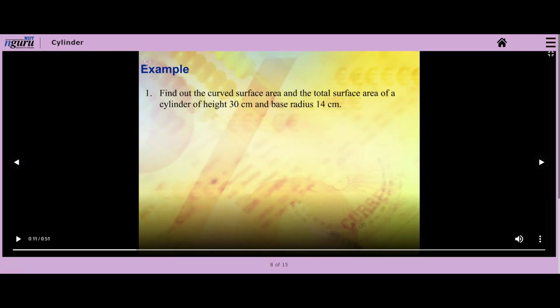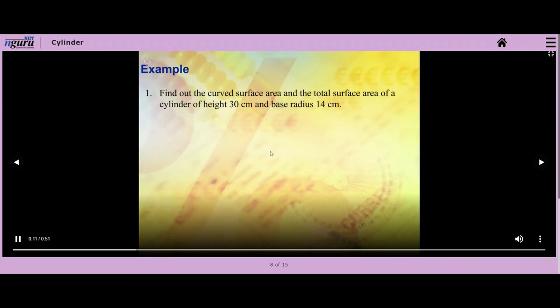Correct. You add 2,640, ma'am. 2 pi r squared, you will get it. 3870. 3870. 72, ma'am.